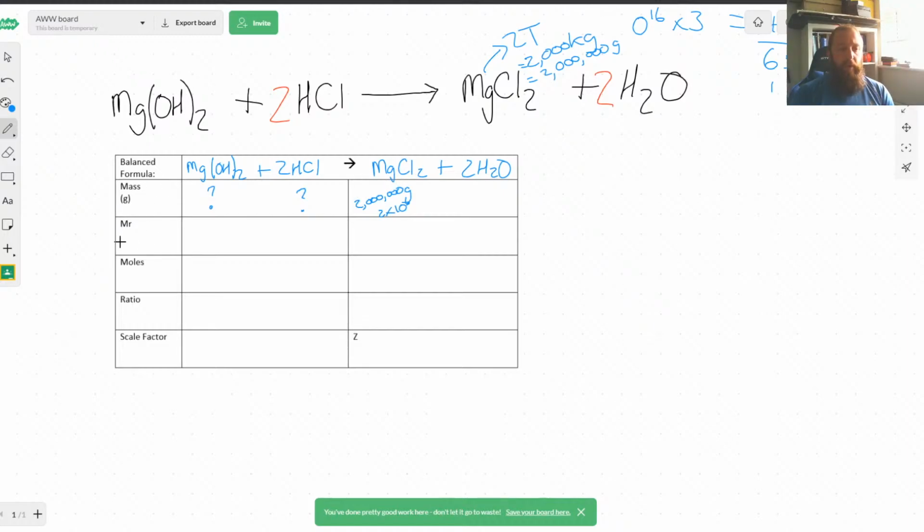I'm going to go through and work out the molecular masses. I'm just going to do this a little bit quicker. You know how to work these out. You can double check my working out if you need to. From the periodic table, magnesium's 24, chlorine is 35.5, oxygen is still 16, hydrogen is still 1. So times 2 plus.